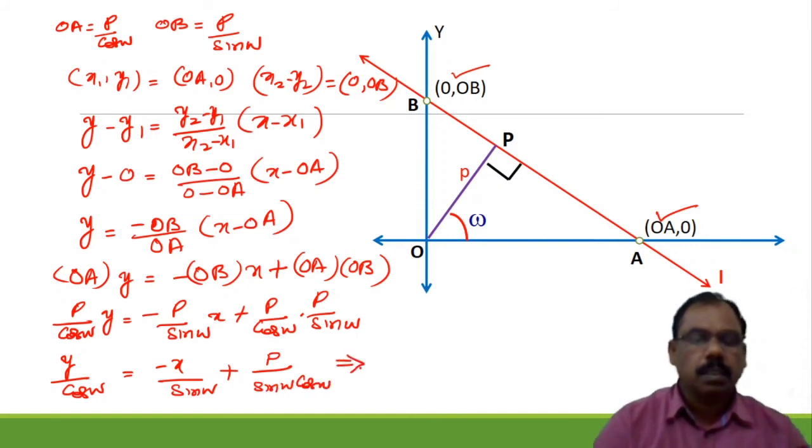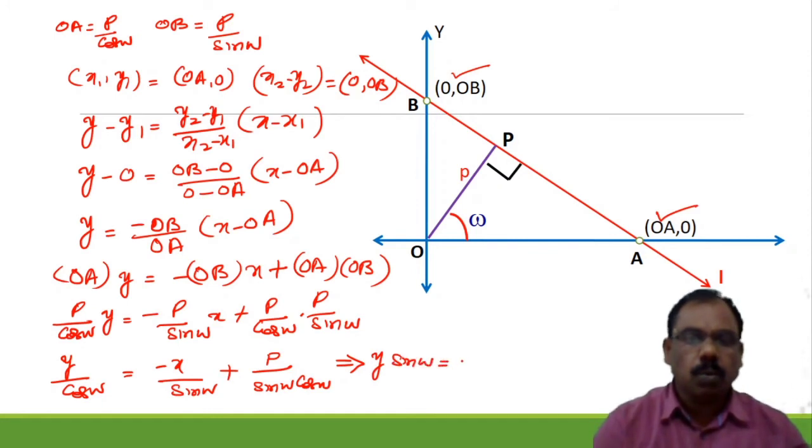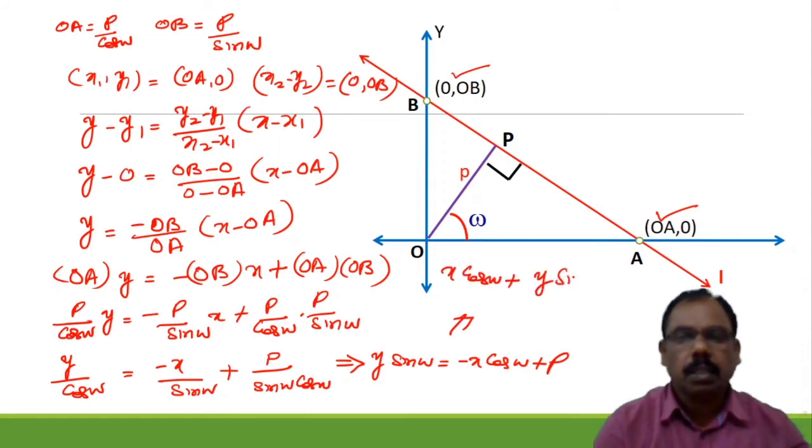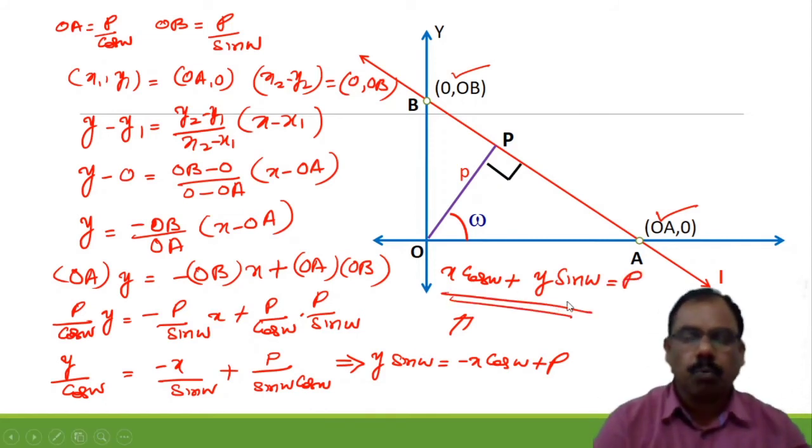Multiplying throughout by sin omega cos omega, we get y sin omega is equal to minus x cos omega plus p, or x cos omega plus y sin omega is equal to p, which is the equation of the straight line in the normal form.